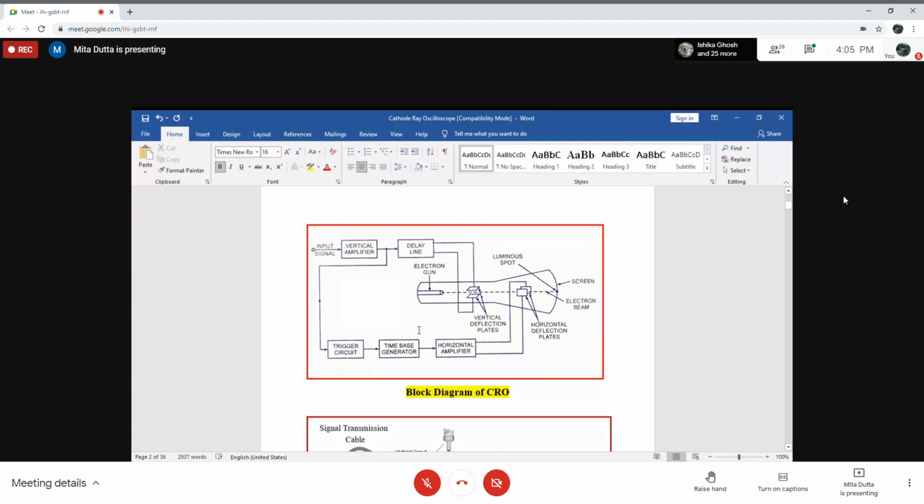So to remove that difficulty, we need a delay line to delay the signal in the vertical deflection system, or the signal which passes through the vertical deflection system of the CRO.